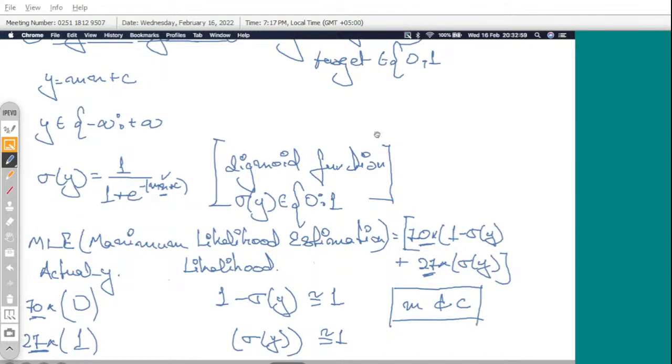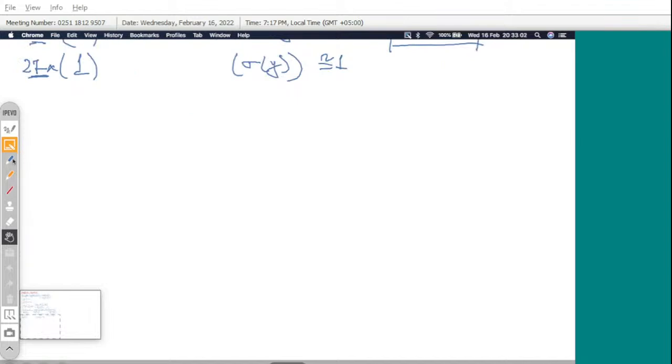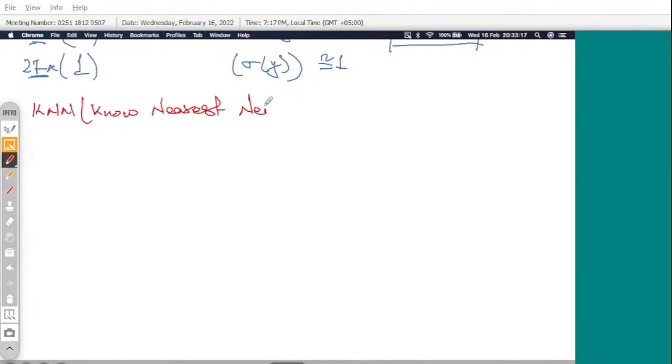We have a lot of algorithms. Next is the KNN, and KNN is very easy. K nearest neighbors.